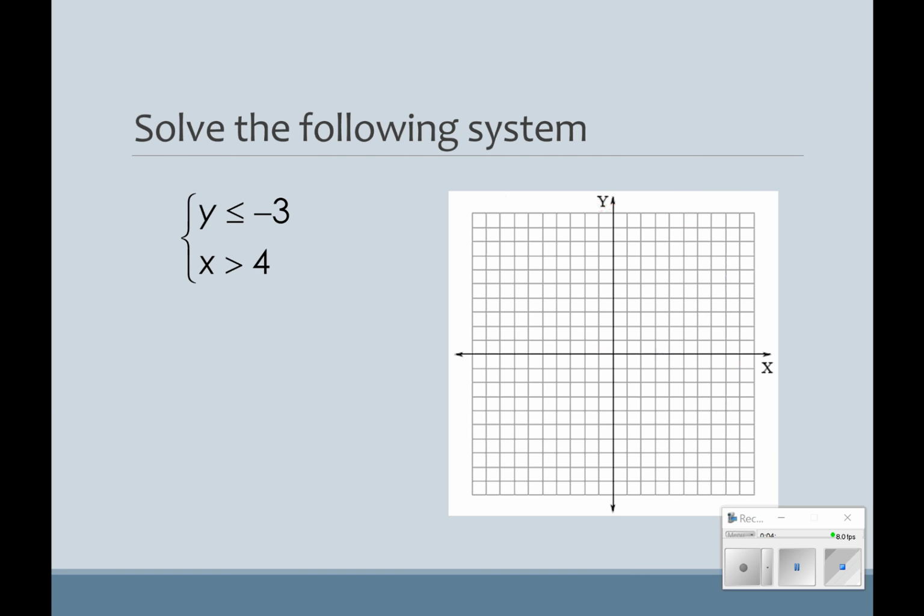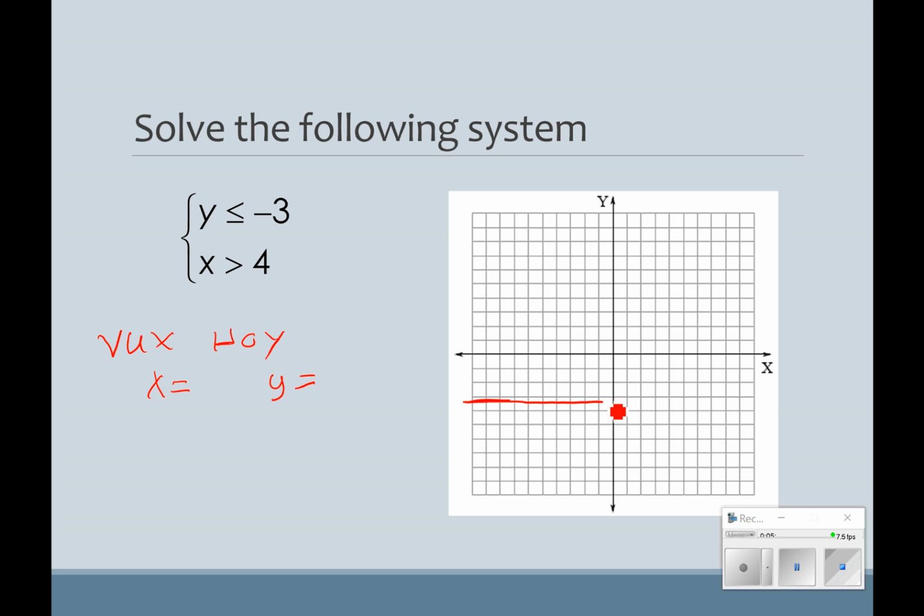Okay, let's look at another example. I wanted to throw these in there because you guys are still having trouble with this. Remember our battle cry, VUX HOY! Okay, so vertical is x equals, horizontal is y equals. So the first is y equals negative 3.